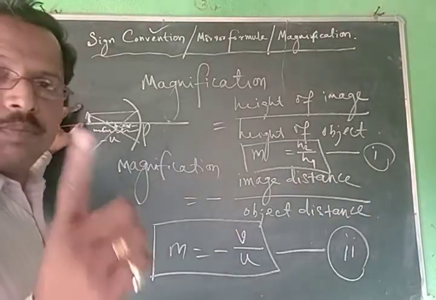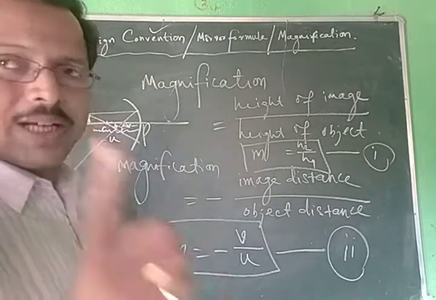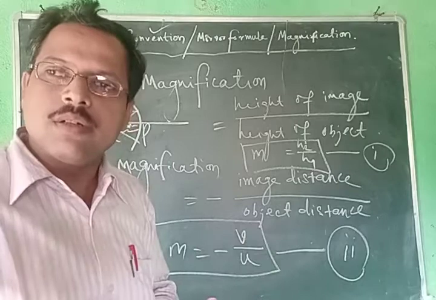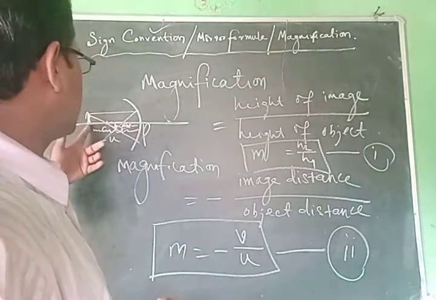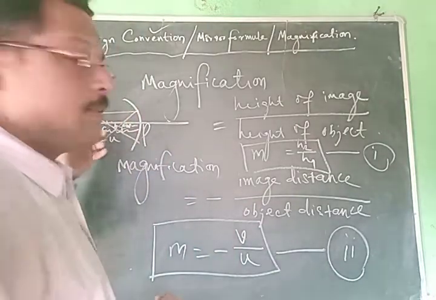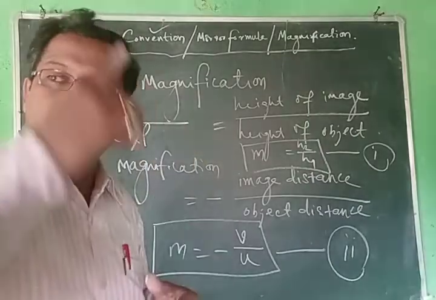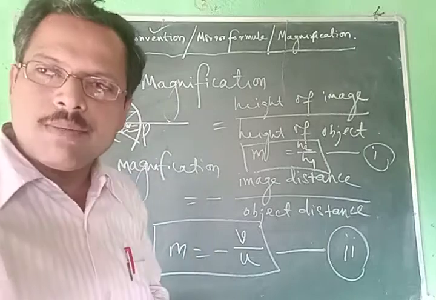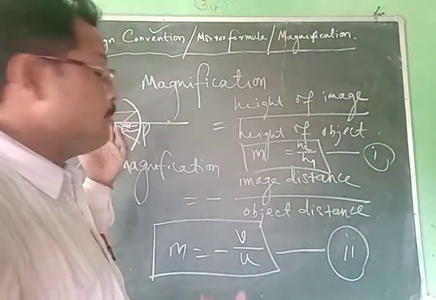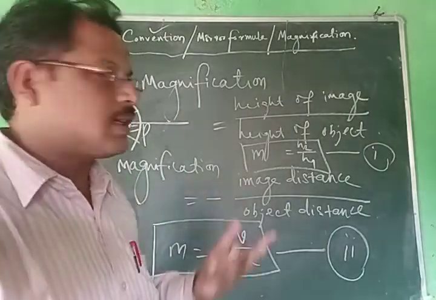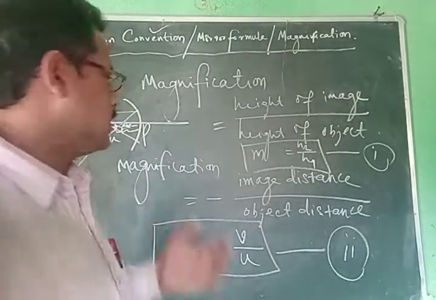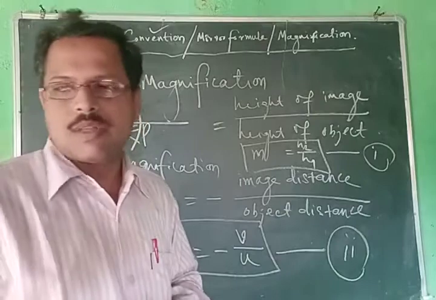An important term relating to sign convention. If you are taking the object distance, what should be the sign here? As you know, we are measuring from the principal axis in the upward direction while measuring the object height, so it should always be positive, and while measuring the image height in case of concave mirror, we are measuring downward of the principal axis, and that should be the negative sign there.